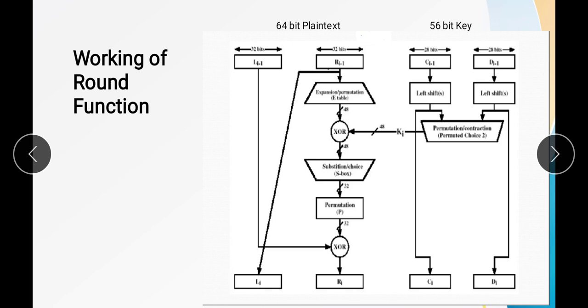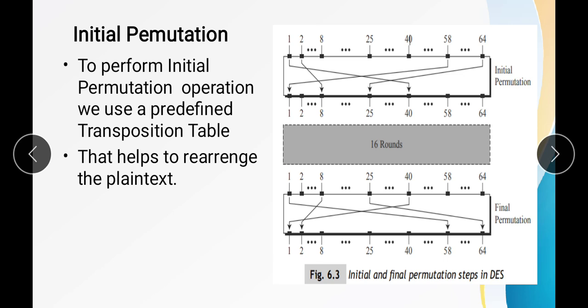So let's see the next. Okay, now we understand each part of the diagram. So, initial permutation. What is initial permutation? In initial permutation we apply a 64-bit input to a permutation function.